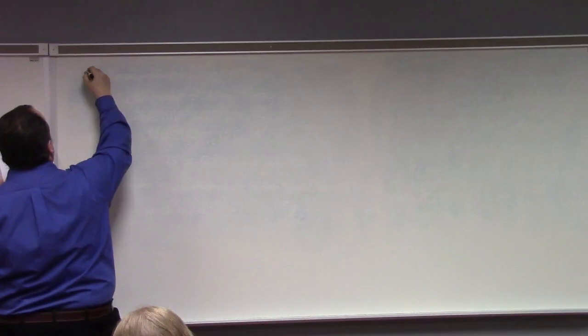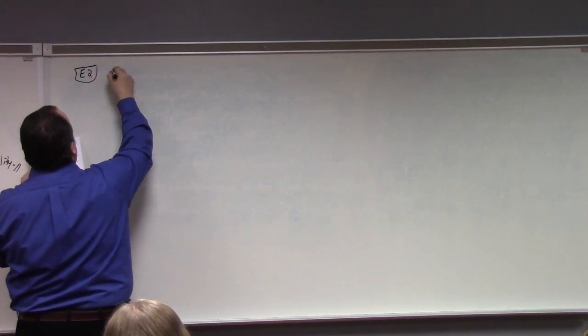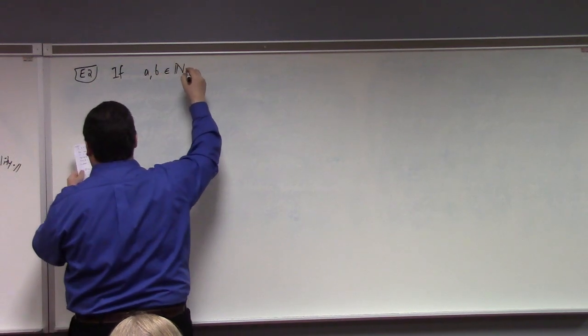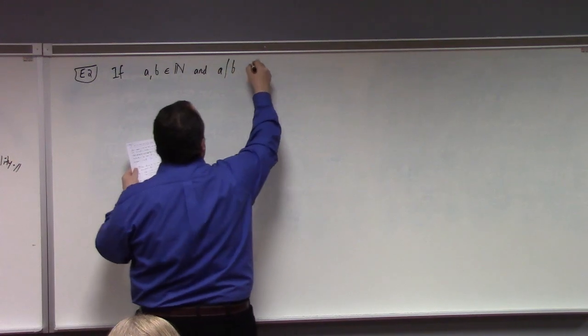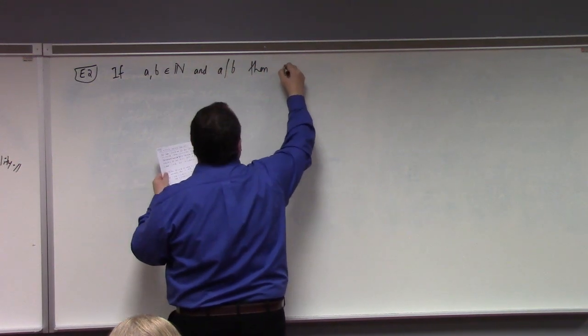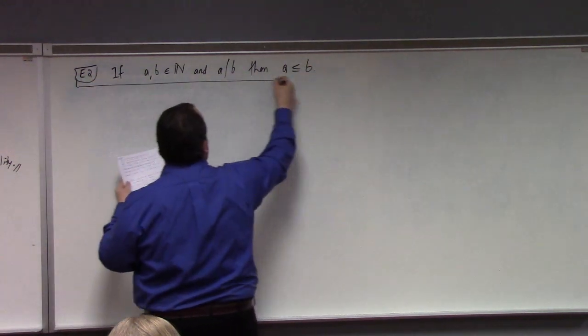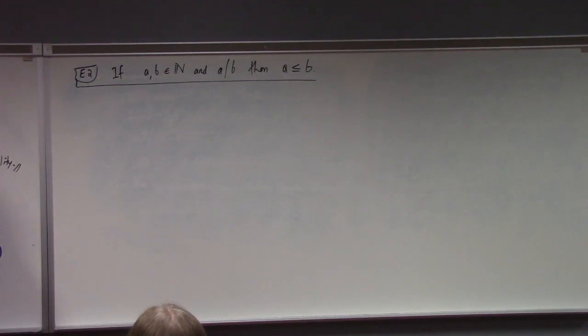Example 2. If a and b are natural numbers, and a divides b, then a is less than or equal to b. All right, so let's work this out.